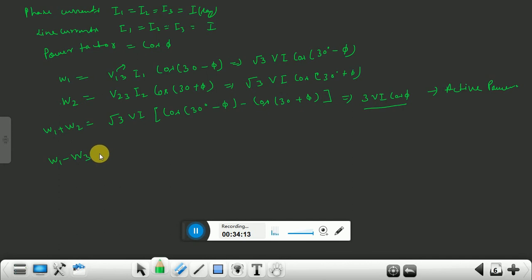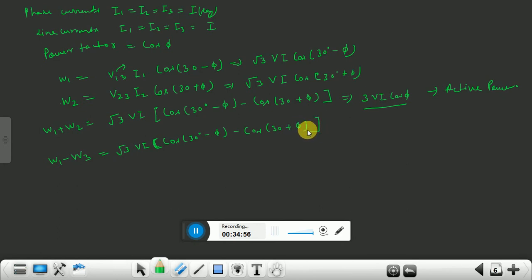So in this case this is under root 3 V I, and this is cos 30 minus 5 and minus cos 30 plus 5.